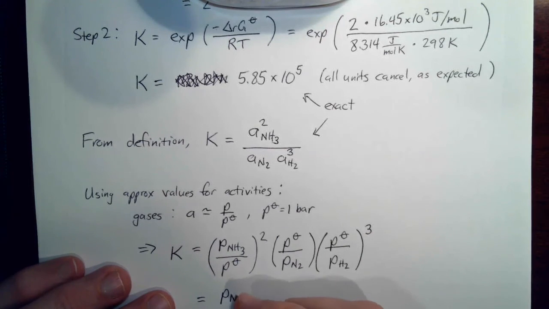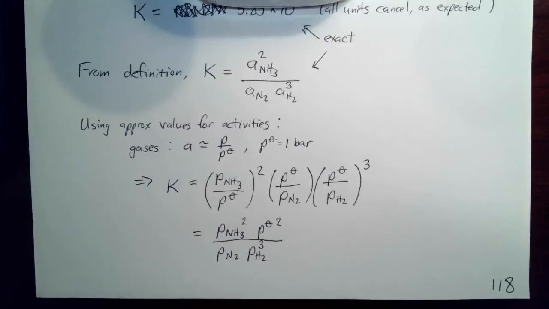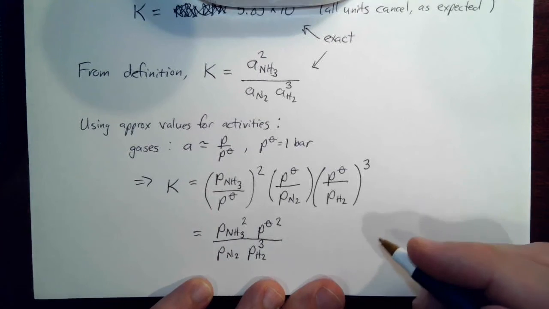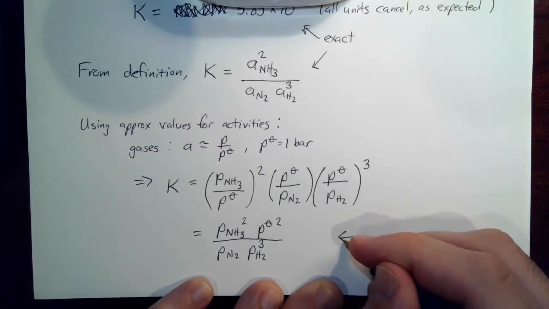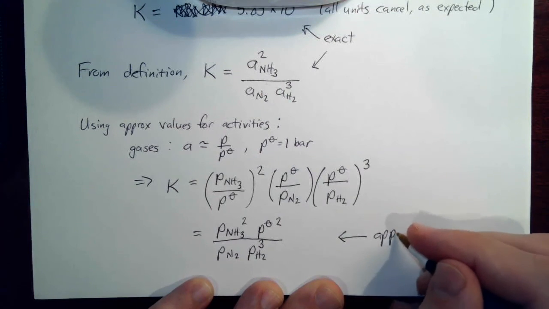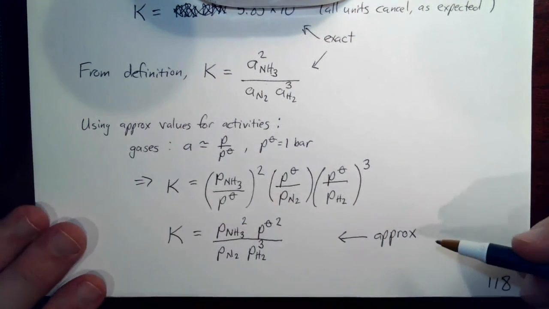So I'm going to have the partial pressure of ammonia squared times the standard pressure squared over the partial pressure of N2 times the partial pressure of H2 cubed. Okay, and this is not an exact value like this one is. This is an approximate value for the equilibrium constant.